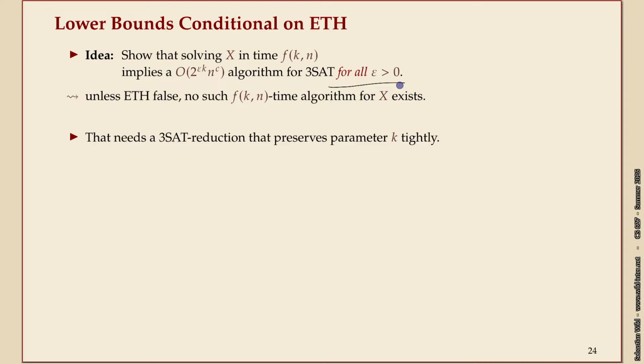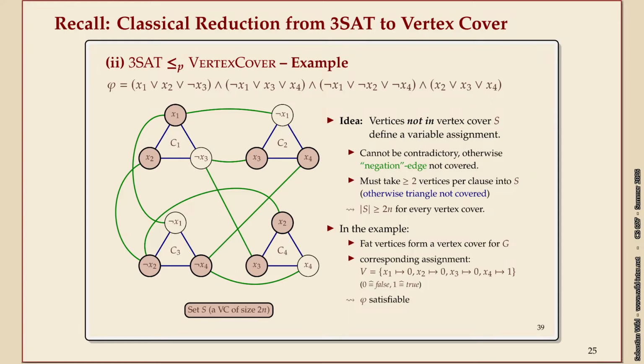If we can do this, then unless ETH is false, we know that X doesn't allow such an algorithm. So we can try to reduce problems to 3-SAT and get algorithms of that running time for a contradiction. The thing is here, this seems tricky because it needs a reduction where the number of variables in the resulting formula is small. And that's not always the case, or at least in many prominent examples, it doesn't seem to work.